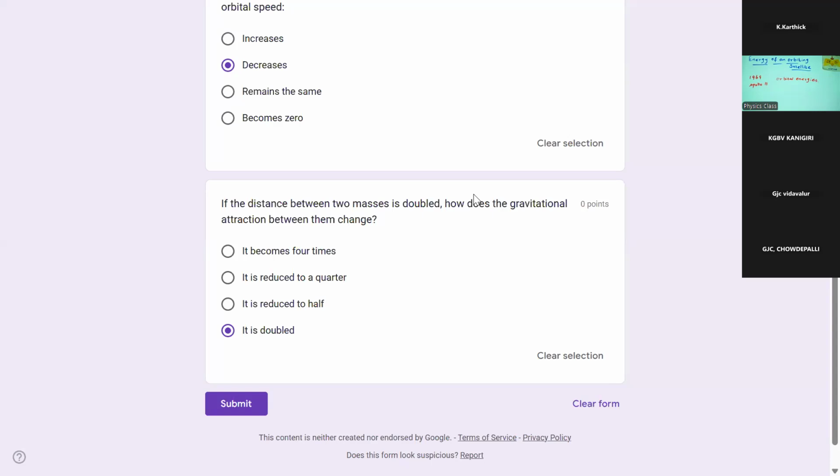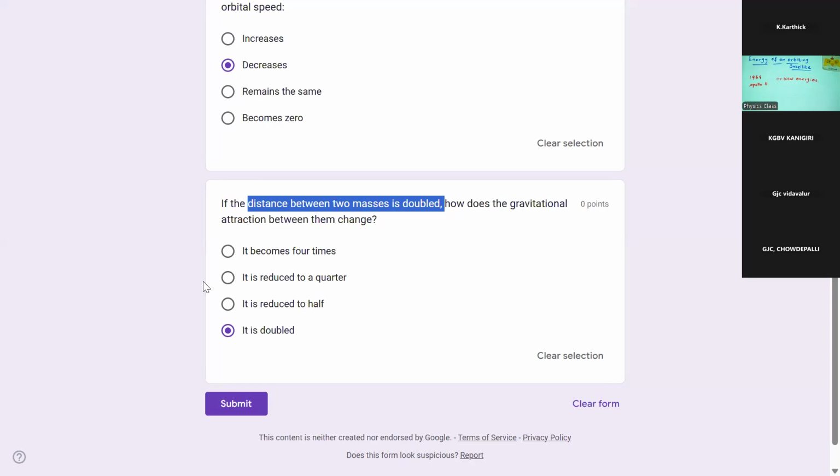Here the distance between the two masses is doubled, not the masses. So r becomes 2r. You have to be careful in that question. Then the gravitational force will surely reduce.